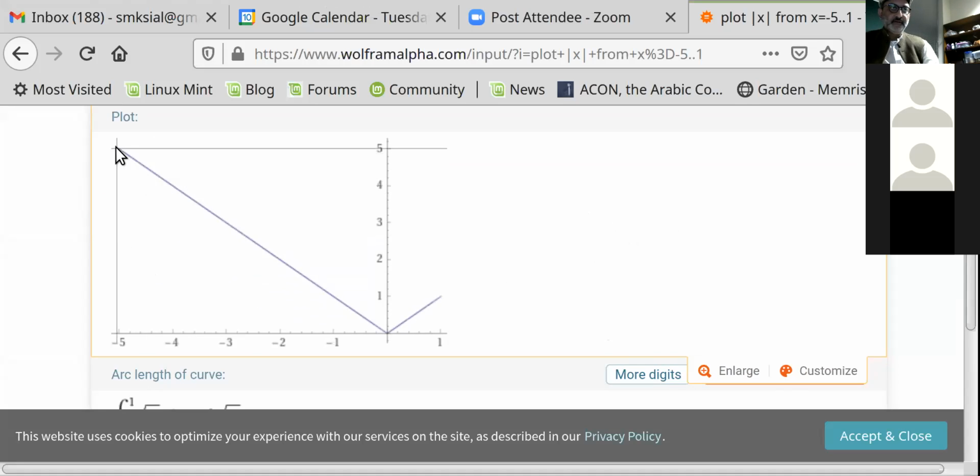You see this value here at 5 is much higher than anything else. So it's a global maximum, right? Here, on the interval, say from 0 to 1, the biggest value on the range is 1. So this is a local maximum. Okay. And sir, at 0, we have a global minimum. Yeah, and it's a global minimum as well as a local minimum. Okay, sir. It's understood, sir. Thank you, sir.